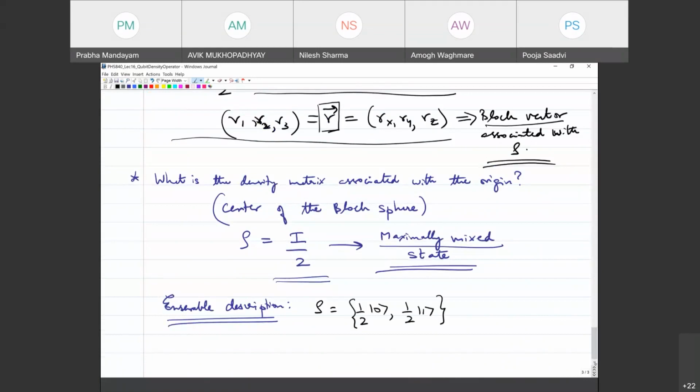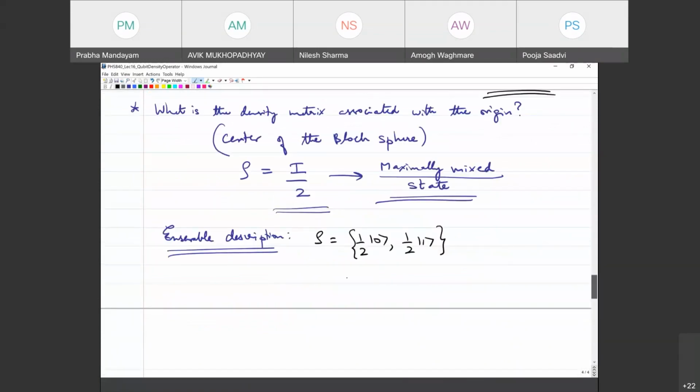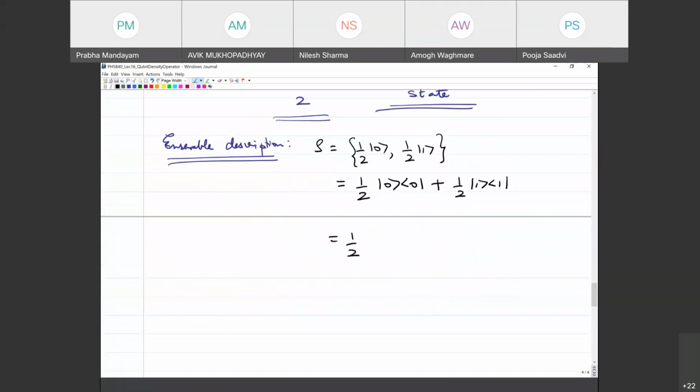So let's write it down. If I write it as a proper matrix, it would be half ket 0 bra 0 plus half ket 1 bra 1. So what is this in matrix form? This is 1 0 0 0 plus 0 0 0 1. We've evaluated these matrices, I hope you remember. So this is nothing but half identity.